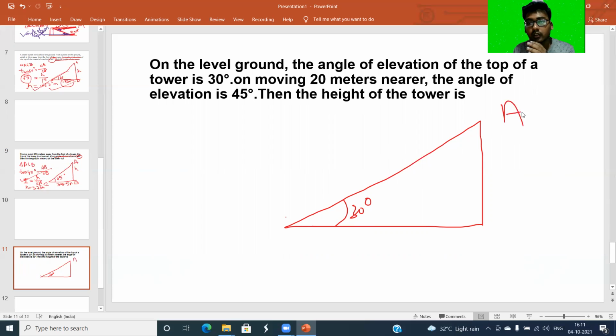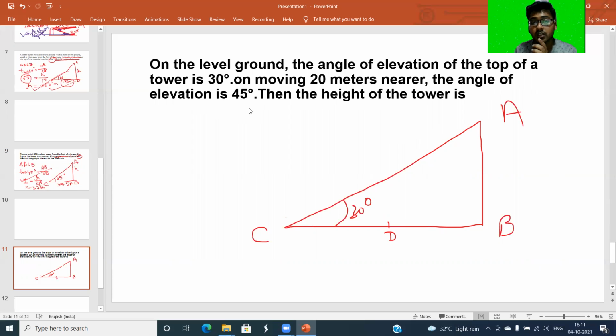Let it be ABC. On moving 20 meter nearer to this point, it is D, the nearer point to the tower.